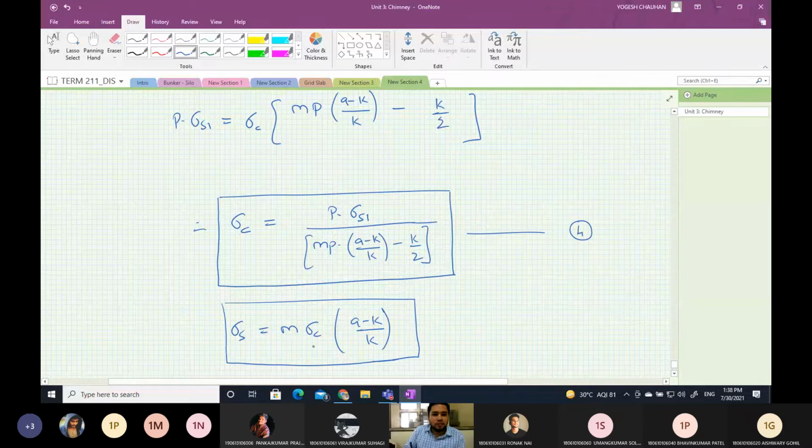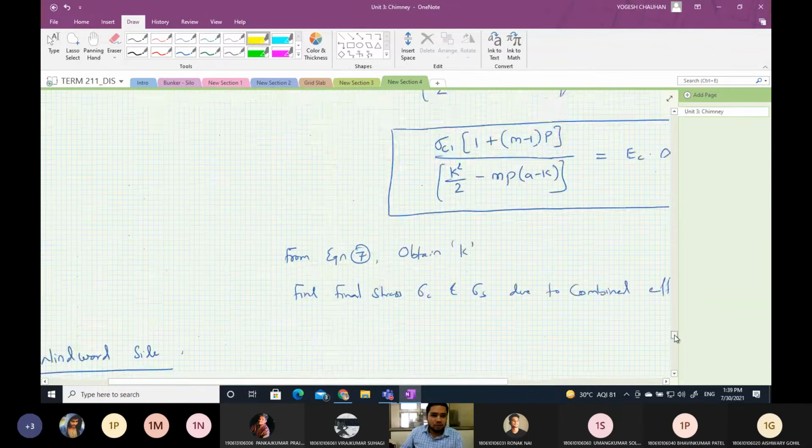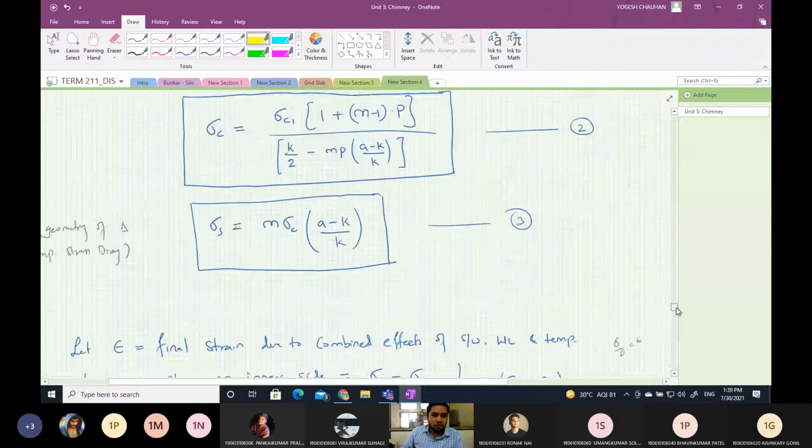And we already have sigma S is equals to M times sigma C. Now here we don't know this term K. So we have to formulate an equation for K, and once we have the value of K, we back substitute the value of K here, we will get the compressive stress as well as tensile stress. This is the same thing we have done in the lever case also.